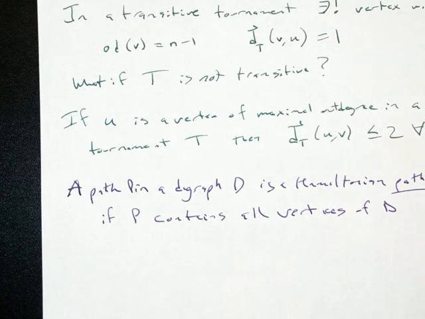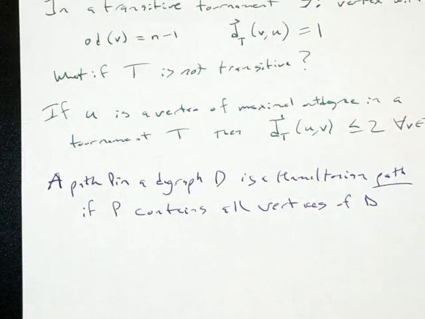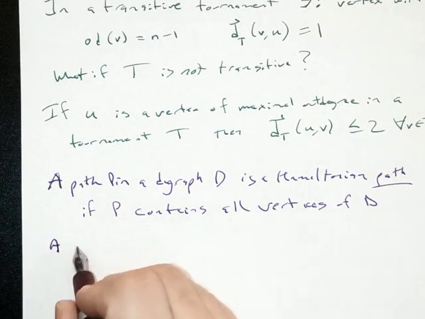But now we're talking about a path rather than a cycle. So I have a Hamiltonian path in a digraph. Clearly, I have a Hamiltonian cycle as well.